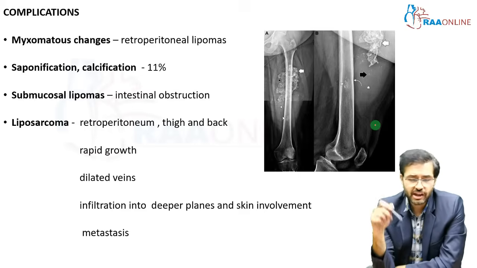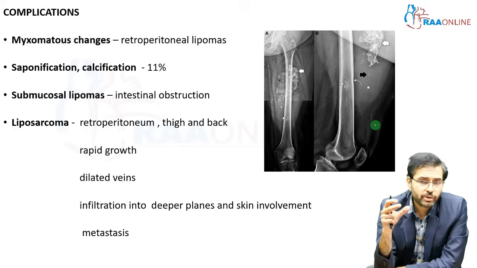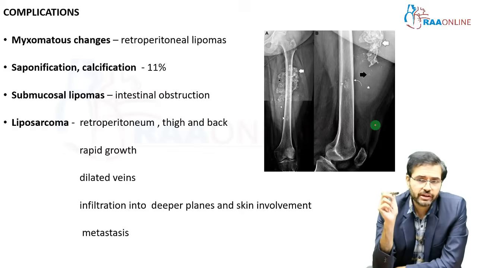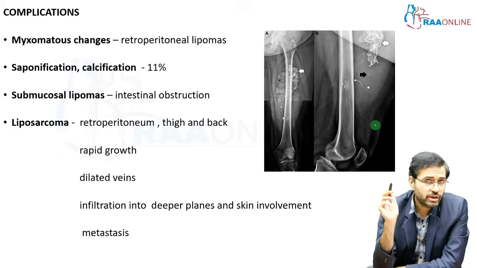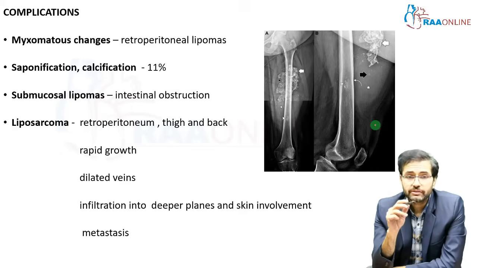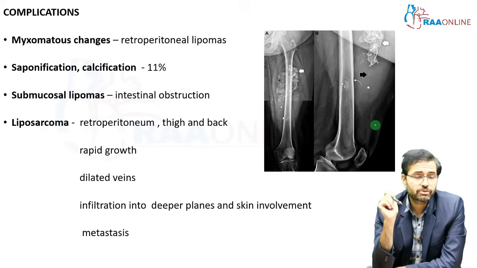This is an X-ray of an individual with a subcutaneous swelling, which was firm to hard in consistency with dilated veins. When an X-ray was taken, multiple calcifications were noted within the lesion. In the end, it turned out to be a liposarcoma. Submucosal lipomas, very common in the gut, are known to cause intestinal obstruction by causing an intussusception.